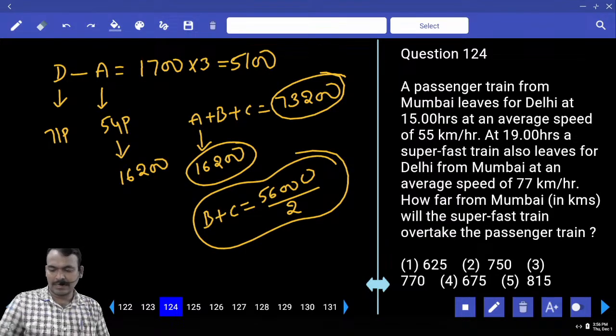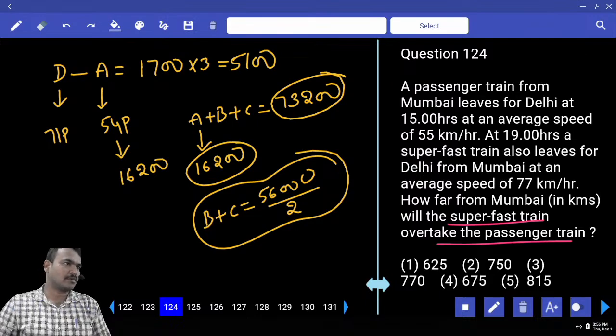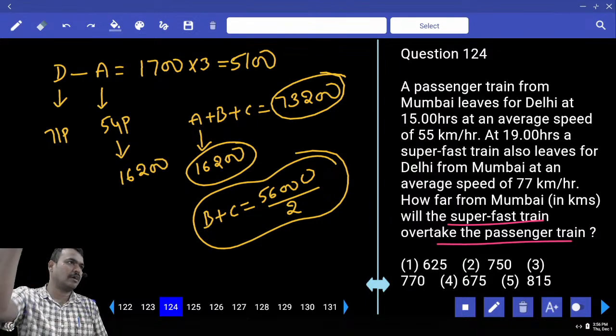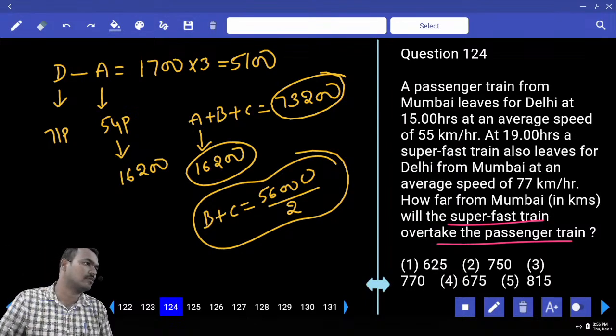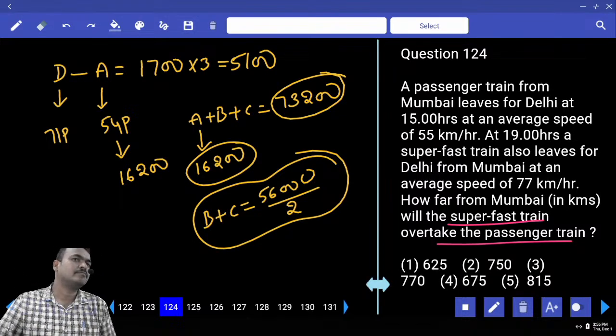Overtake means same direction or opposite direction? Same direction. Suppose first train covered d kilometers distance, second train also covered d kilometers distance. Equal distance or different distance? Equal distance means speed and time are inversely proportional, or not? Yes or no?